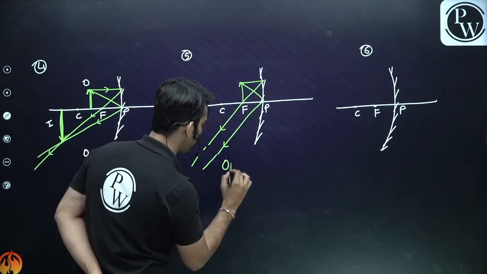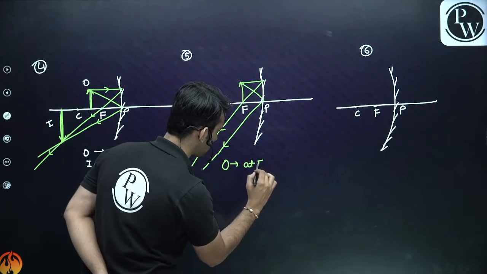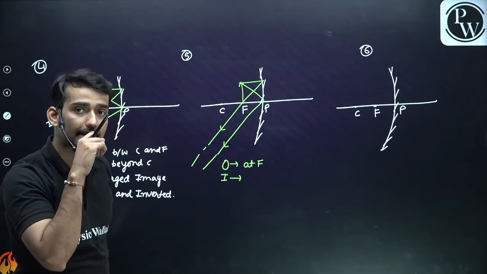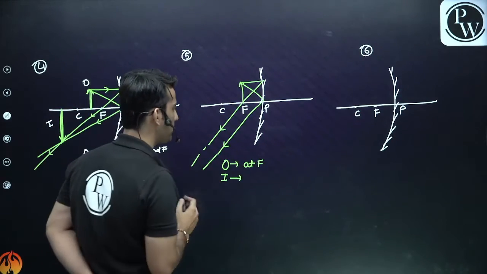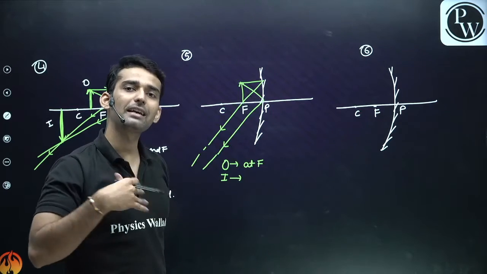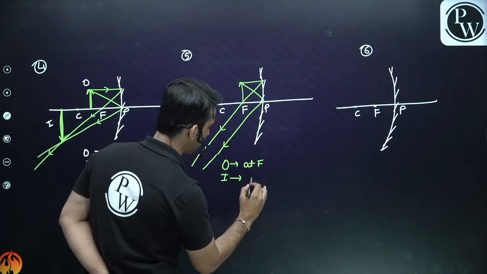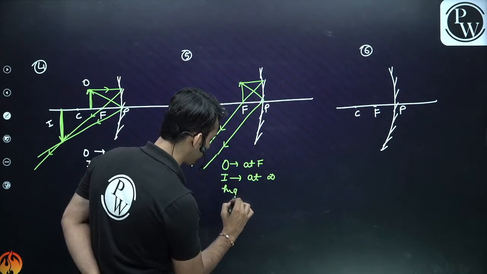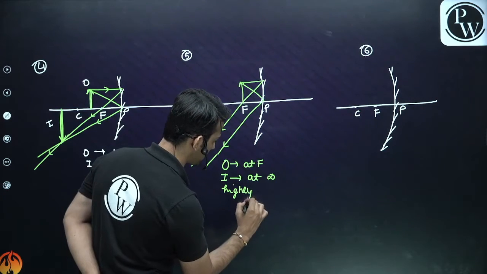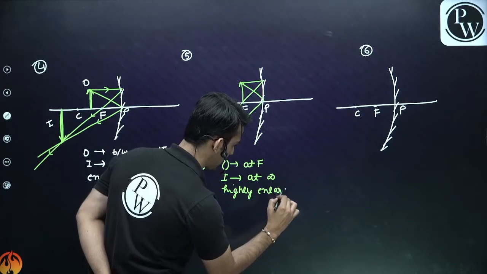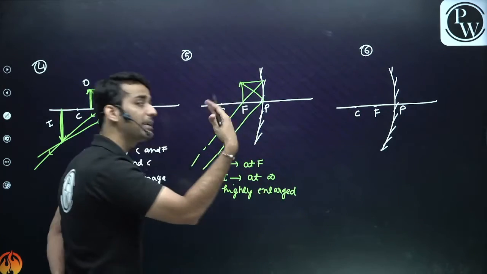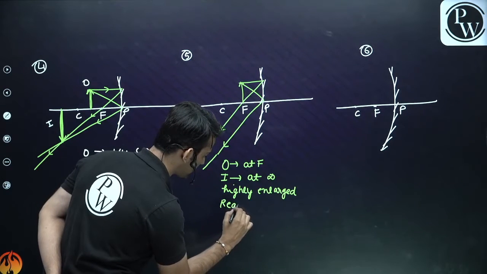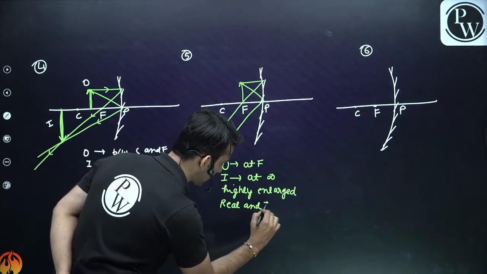So what will you write? Object at focus. So guys, what we assume is that the image is meeting at infinity, at a very large distance. Parallel rays meet at infinity. Okay, so image at infinity, size is highly enlarged. The image will be very enlarged, highly enlarged, and obviously the rays will meet in actual. We see that. So the nature will be real and inverted.